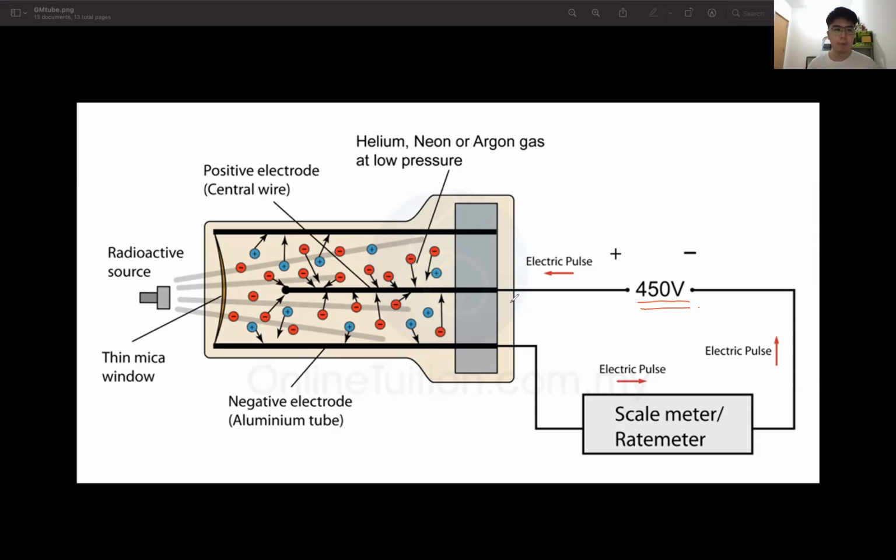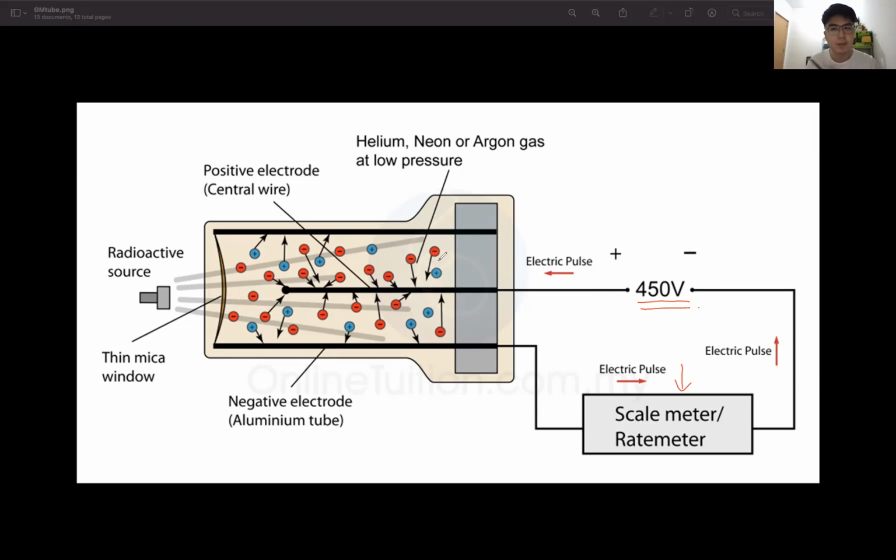Right, now the main components, we have a scale meter here. What is a scale meter? A scale meter counts the number of emissions of the radioactive source. Later I'll talk more about the scale meter. For every one emission, they can count automatically, because radioactive sources emit at a very high rate, many emissions in just 1 minute.